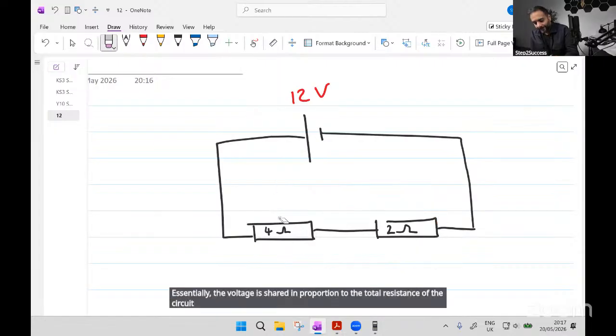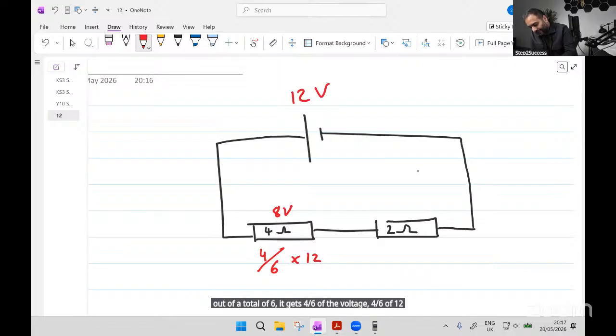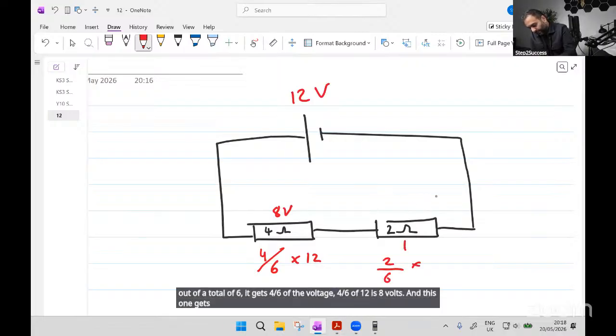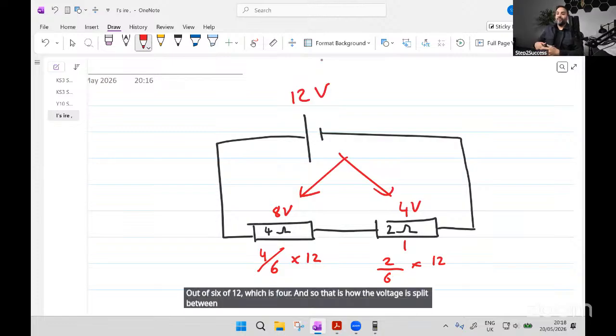So what I mean by that is, because this is a 4 ohm resistor out of a total of 6, it gets 4/6 of the voltage. 4/6 of 12 is 8 volts. And this one gets 2 out of 6 of 12, which is 4. And so that is how the voltage is split between those two. Essentially, if you've got twice as much resistance, you get twice as much of the voltage.